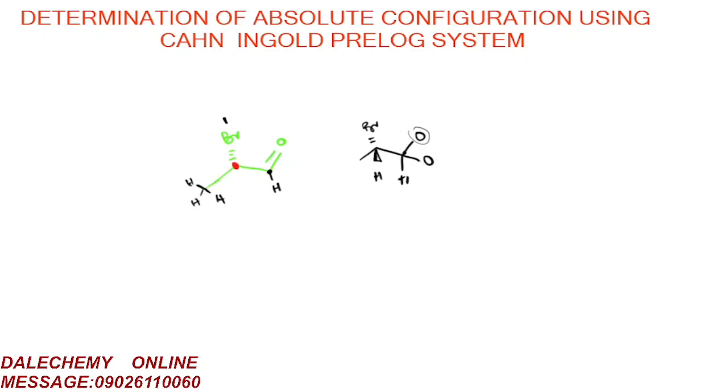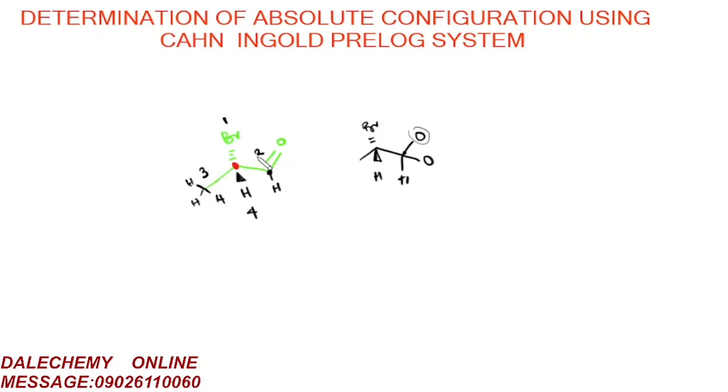So in this case, we see that this carbon will take priority over this one. Normally your hydrogen will be here on the wedge. We have hydrogen. So this will definitely be the 4th one. So this will be the first one. So this carbon will take priority second, and this one will be the 3rd.